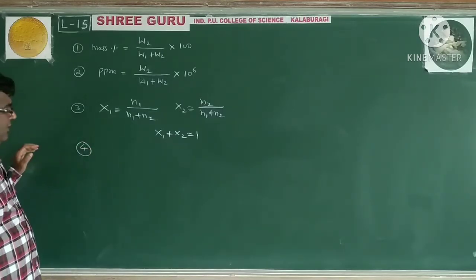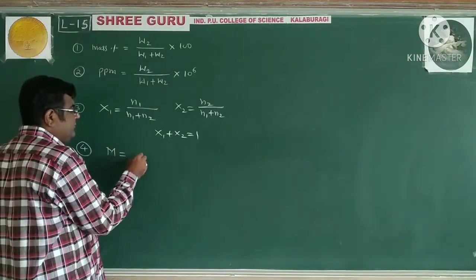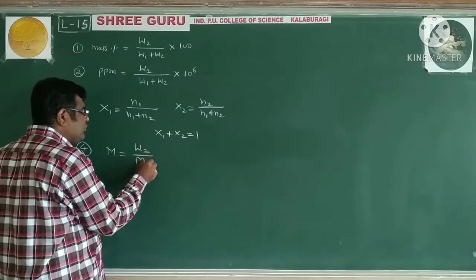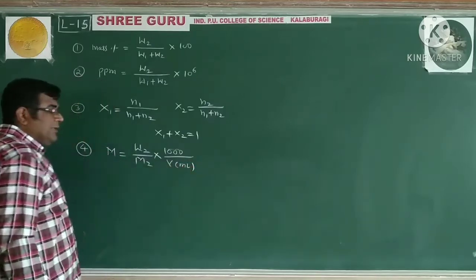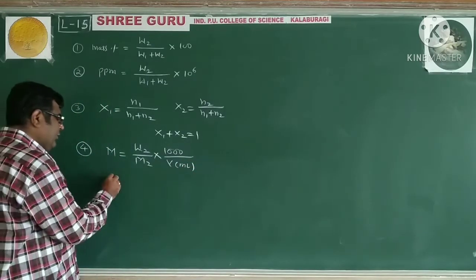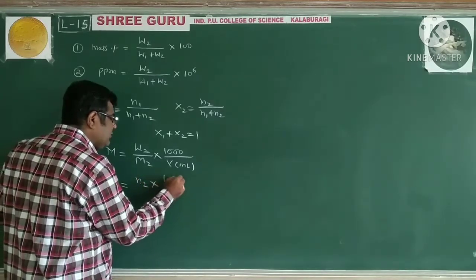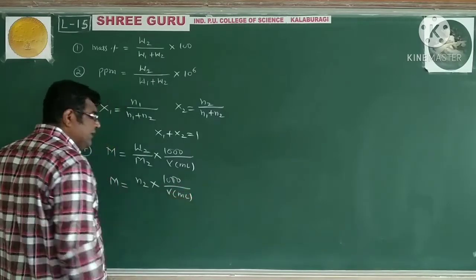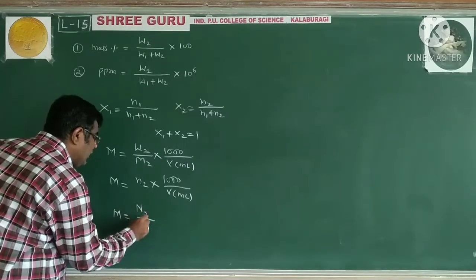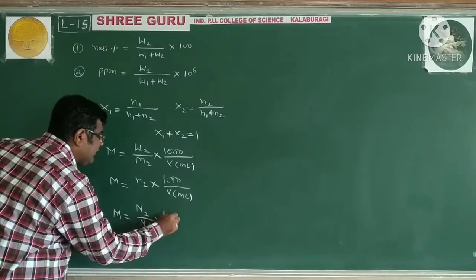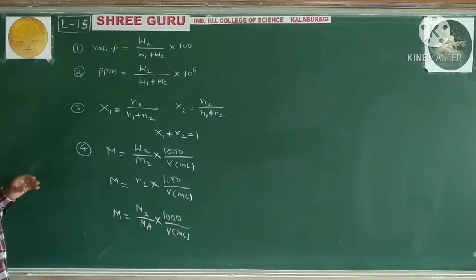Fourth, after mole fraction, we have molarity. W2 by M2 into 1000 by volume in milliliter, or that equals number of moles of solute into 1000 by volume in milliliter, or that equals number of molecules of solute by Avogadro number into 1000 by volume of solution in milliliter.